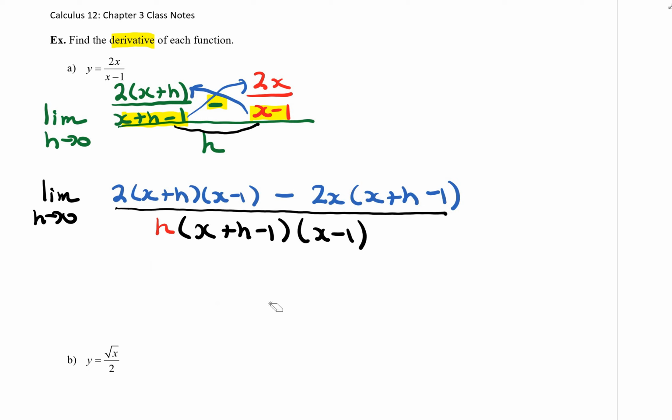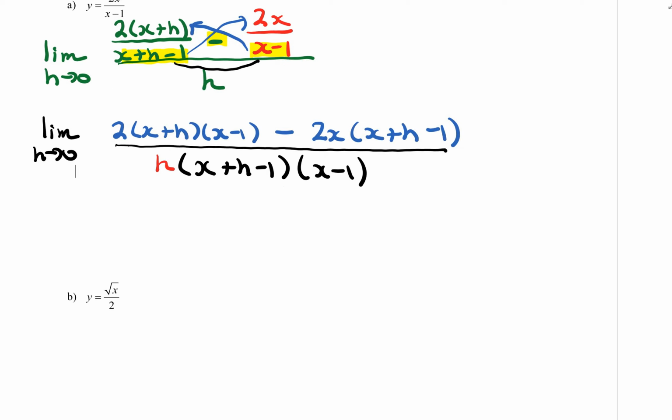And now you're ready to take the next step in distributing this, right? And simplifying and FOILing, right? So let's go ahead and now just look at the numerator. In the numerator there, we have to do quite a bit of canceling and simplifying. So let's go ahead and do that.